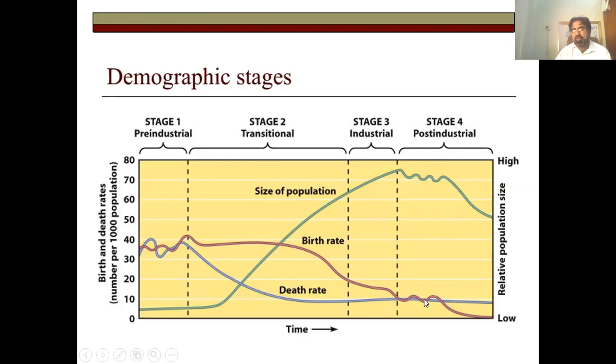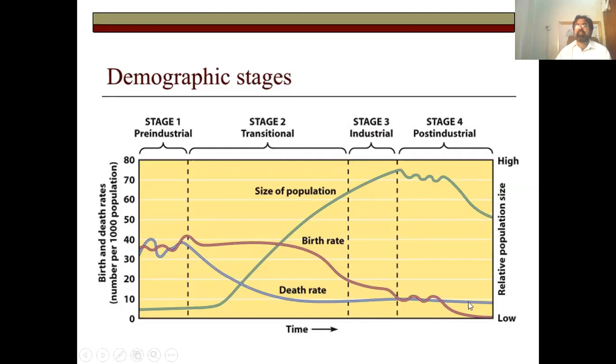So there was no space between the death rate and the birth rate, and ultimately the death rate surpassed the birth rate, and there was a negative population. That means there was a reduction in the birth rate, and there was an increase in the death rate.